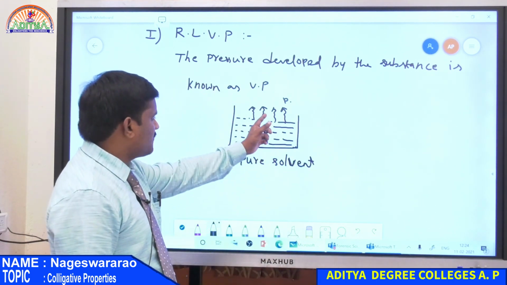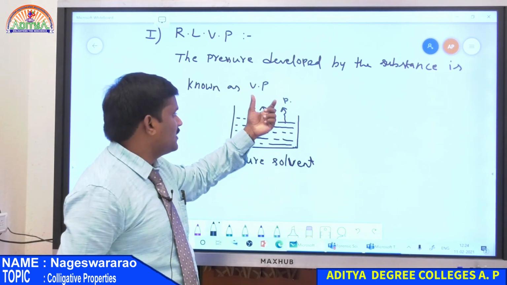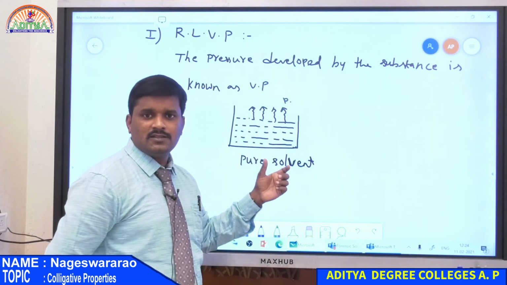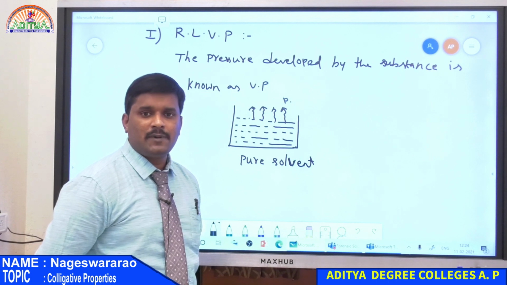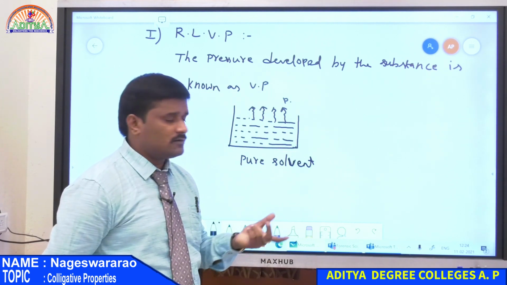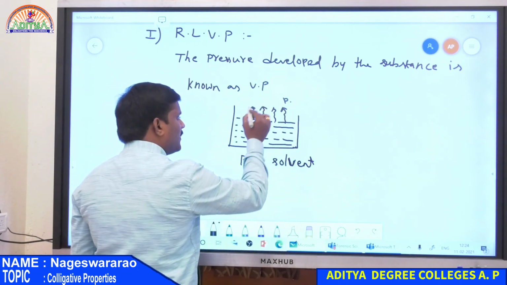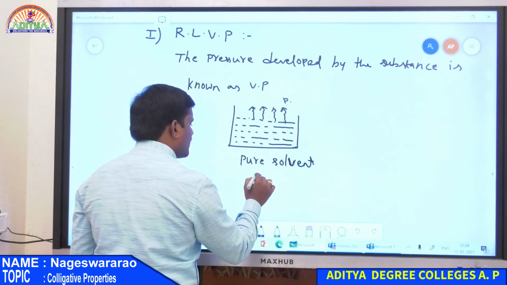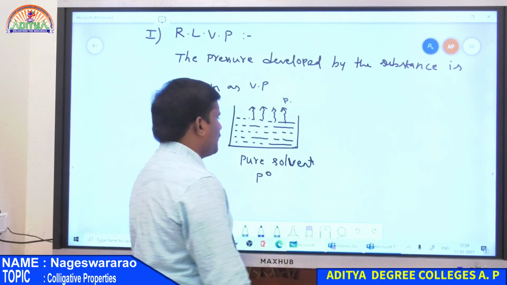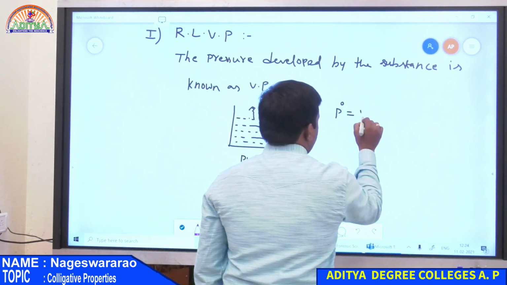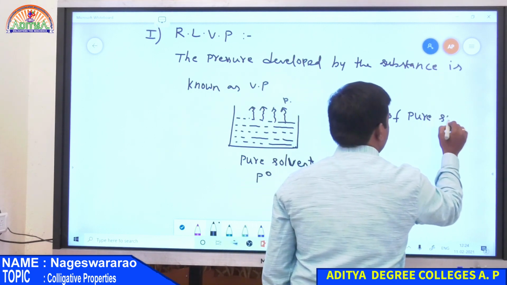Therefore, the vapor pressure of a solvent is defined as the pressure developed by the vapor molecules present on the solvent into the atmosphere. If it is a pure solvent, then the vapor pressure of the pure solvent is denoted as P naught, where P naught is the vapor pressure of any pure solvent.